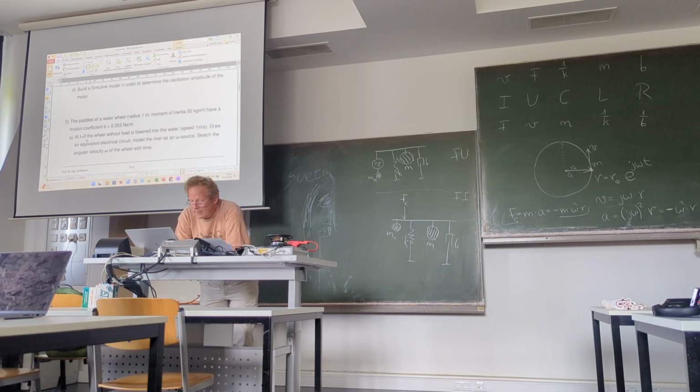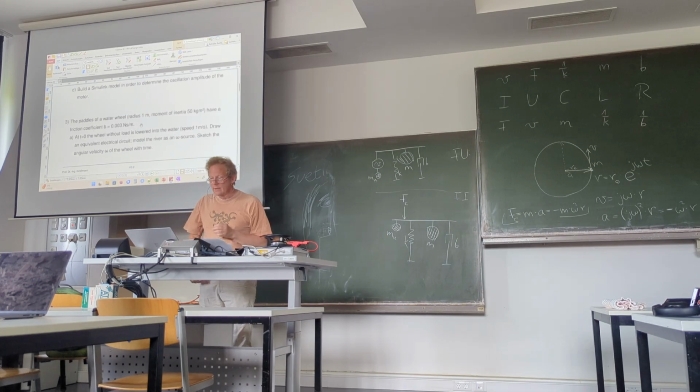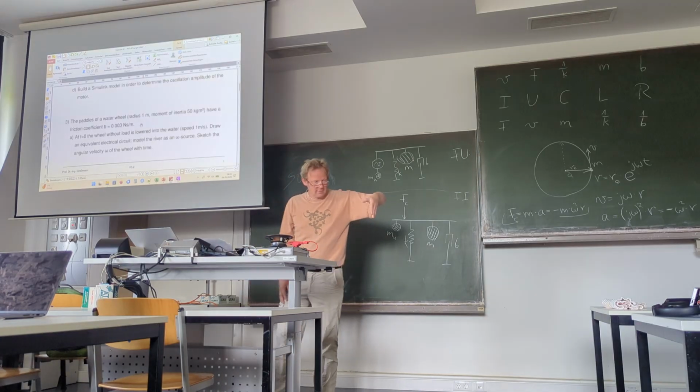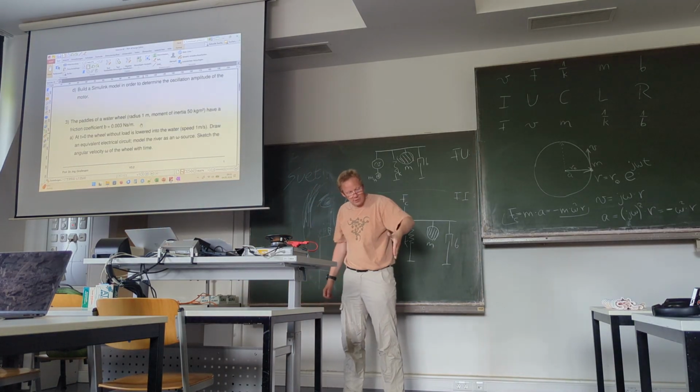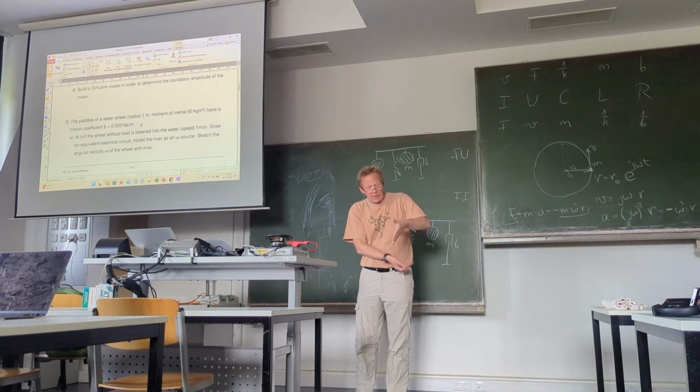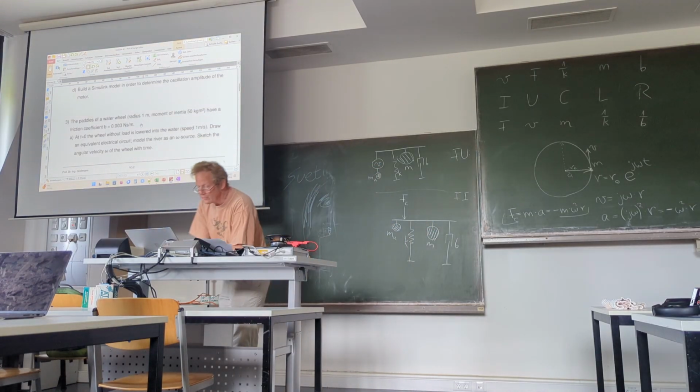And now for the second, we already talked about our water wheel, and here we have some data about this water wheel. The radius is given with a, instead of a mass we have a moment of inertia, and a friction coefficient is needed because when the pedal of the water wheel goes into the water and the water moves, we have laminar friction, and that is the friction coefficient.